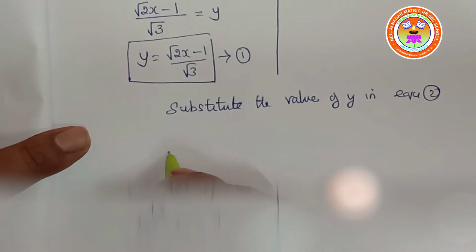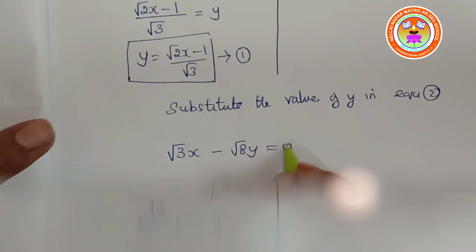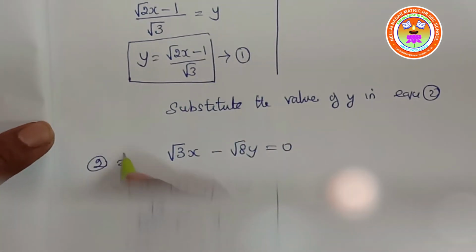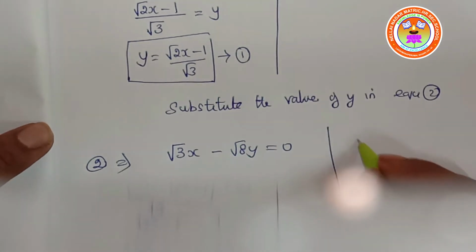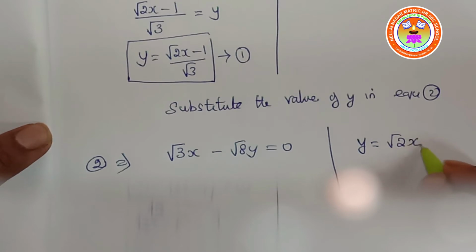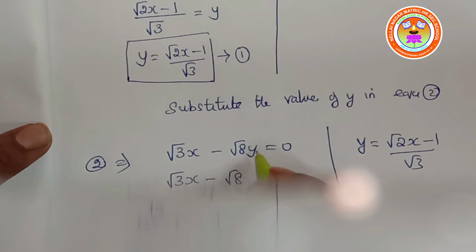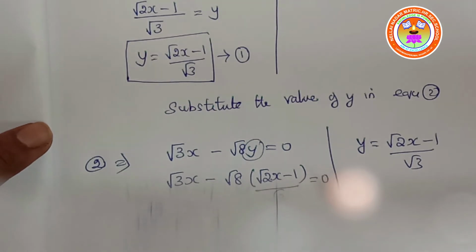That is root 3x minus root 8y equal to 0. This is equation 2, right? You are going to substitute y value as y is equal to root 2 into x minus 1 by root 3. So root 3x minus root 8 into the place of y, I am going to put what? Root 2x minus 1 by root 3 equal to 0.